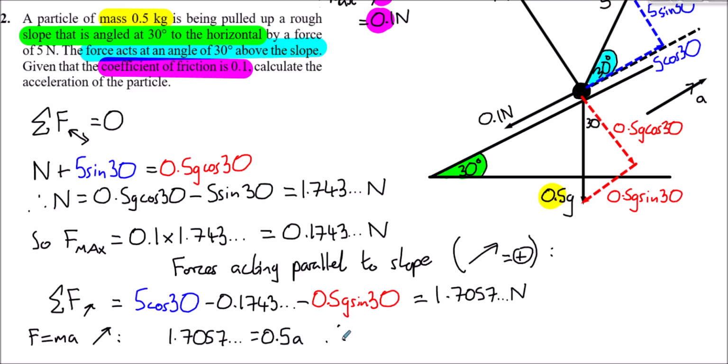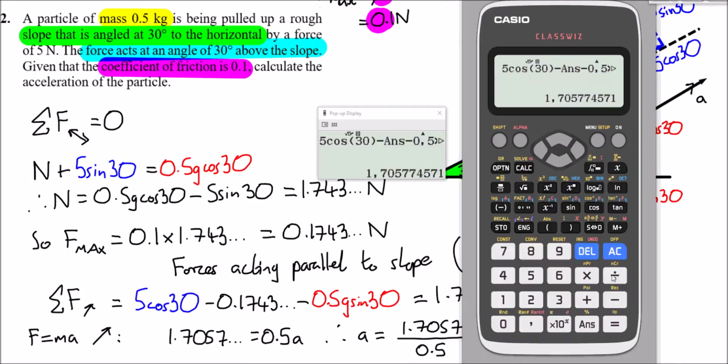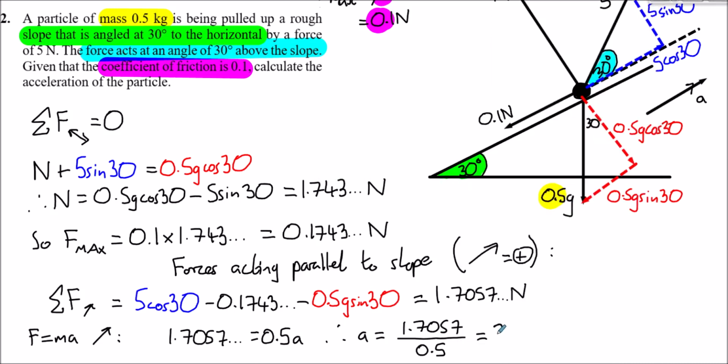So therefore, the initial acceleration, a, is going to be 1.7057 divided by 0.5, essentially multiplied by 2. So if I divide this by 0.5 now, I'm going to get 3.41 meters per second squared. And so that's the final answer for number 2.